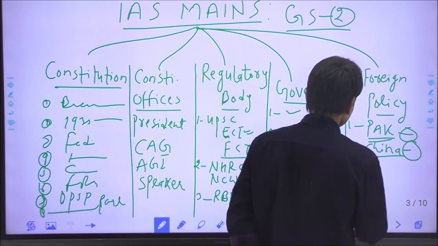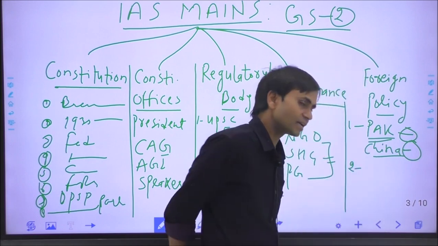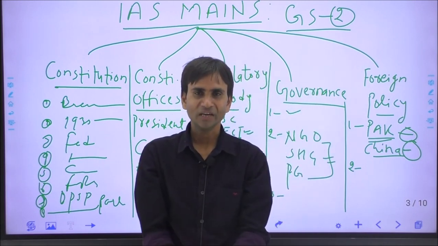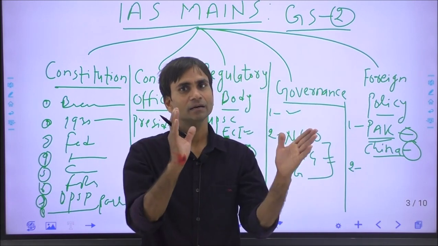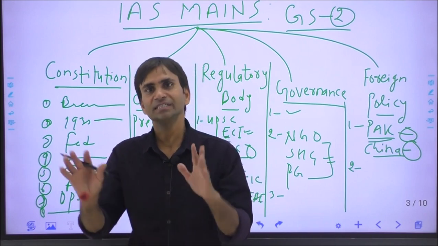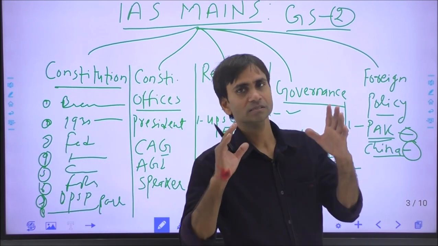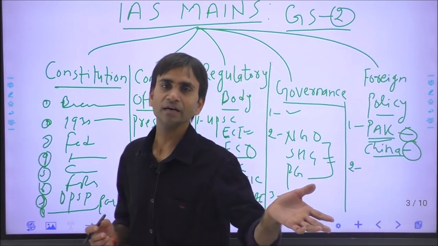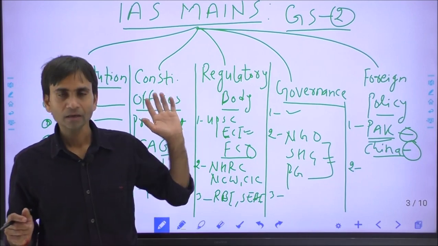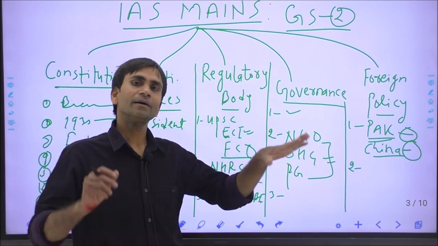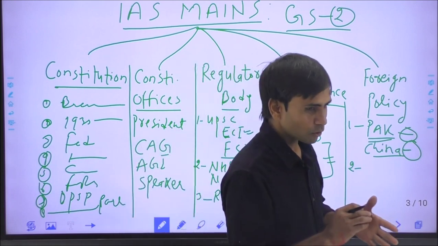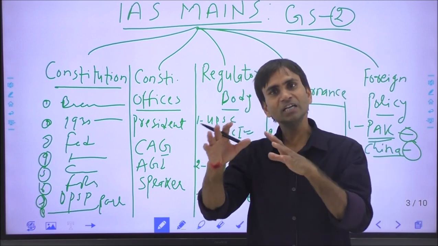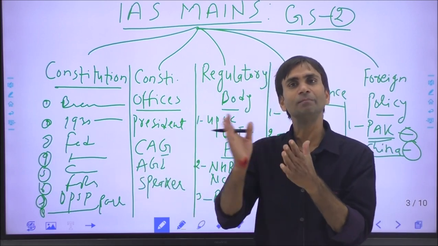The next is bilateral relationships, multilateral relationships of global groupings, their agreements and impacts on India. If Russia and America have signed any defense agreement, how will this agreement affect Indian interest? Such kinds of questions have been asked by UPSC. America has imposed some restrictions on Russia not to share specific defense technologies, like cryogenic technology, with India.